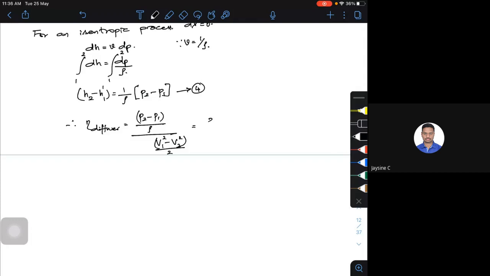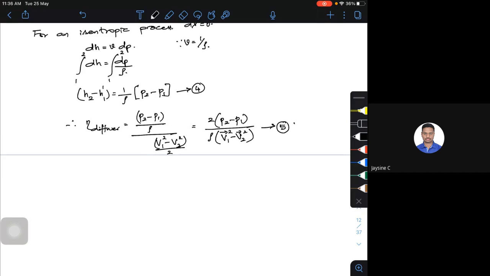This will be 2 into P2 minus P1 divided by rho into V1 square minus V2 square. This will be the expression for your diffuser.